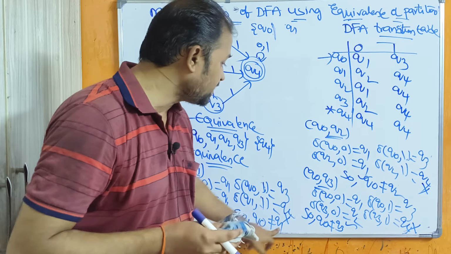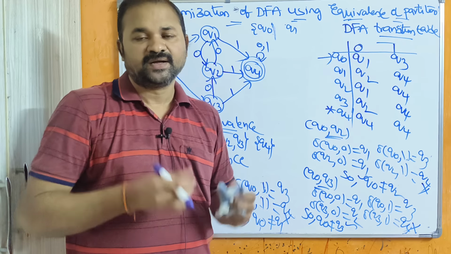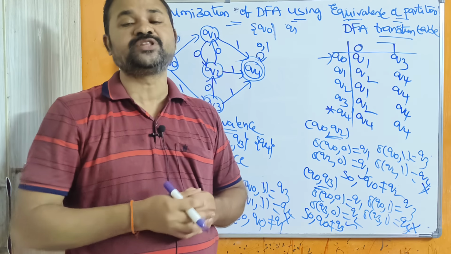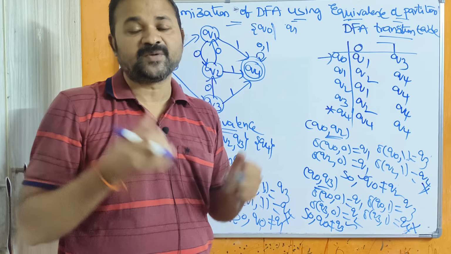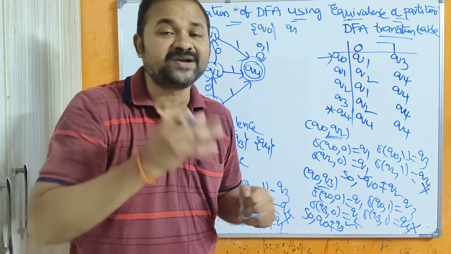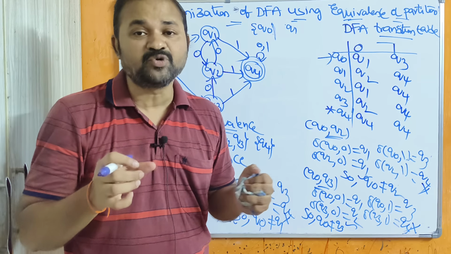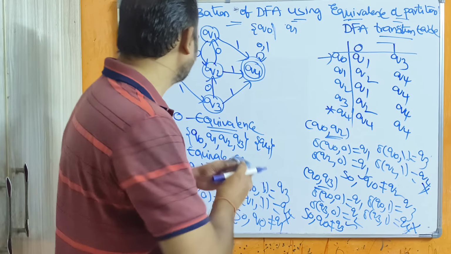So now we have to check Q1 and Q2 as well as Q1 and Q3. If we get Q1 equal to Q2 and Q1 equal to Q3, then we can place Q1, Q2, Q3 in one set. Suppose if we get Q1 equal to Q2 but Q1 is not equal to Q3, then we have to place Q1, Q2 in one set and Q3 in another set. So let us do that.